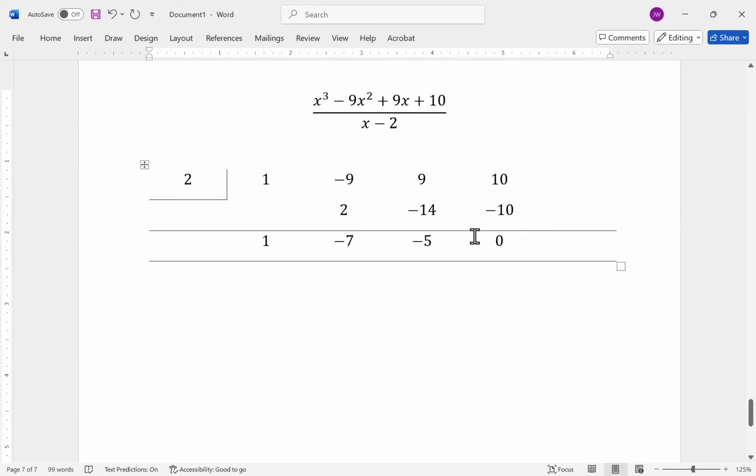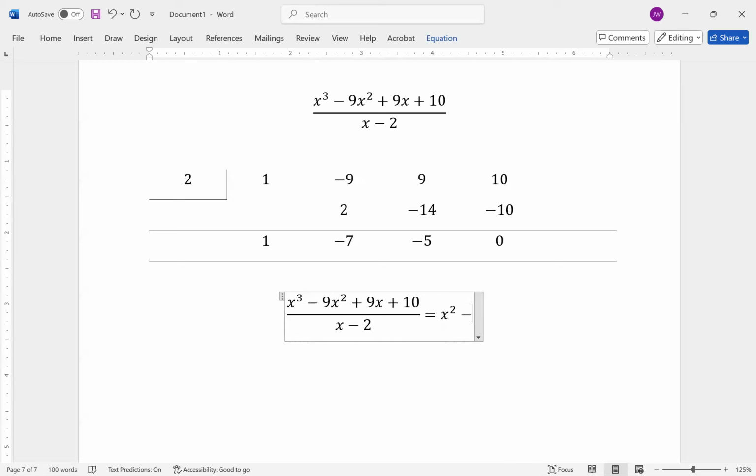Now, this remainder of 0 means something. It means that if I divide this cubic polynomial by this linear polynomial, I get the quadratic polynomial x squared minus 7x minus 5 with no remainder.